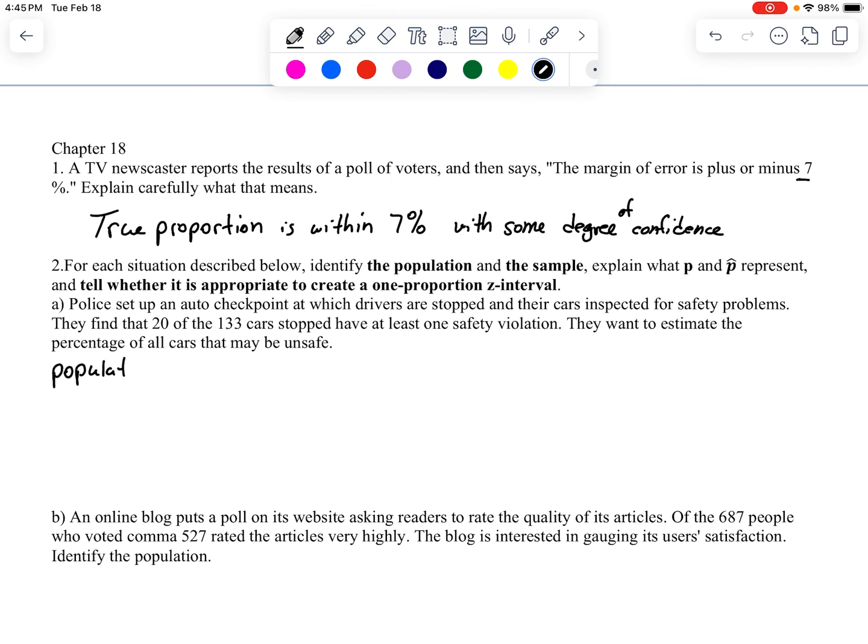So here it is. The population: I'm trying to make an estimate for all cars on the road. And the sample would be cars stopped at the checkpoint.